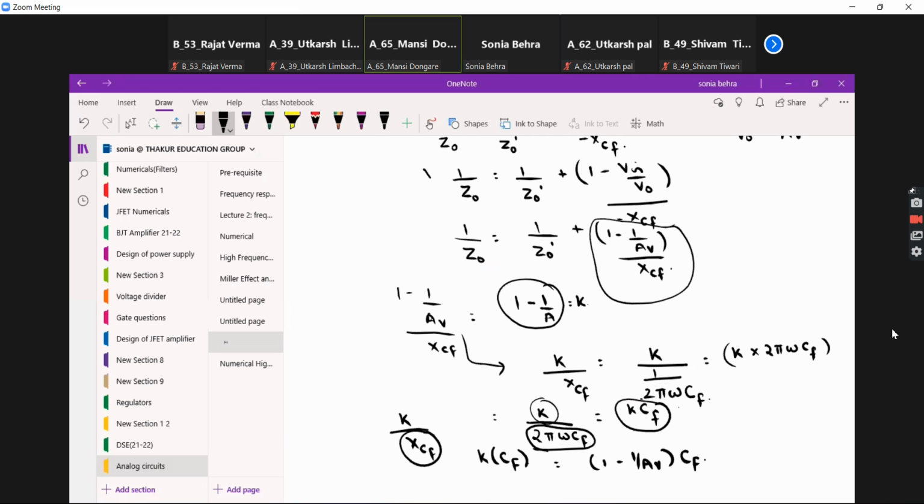Clear? मैम ये माइनस क्यों लिया? माइनस XCF मतलब वो समझा नहीं. Reactance of capacitor is always lagging ना.